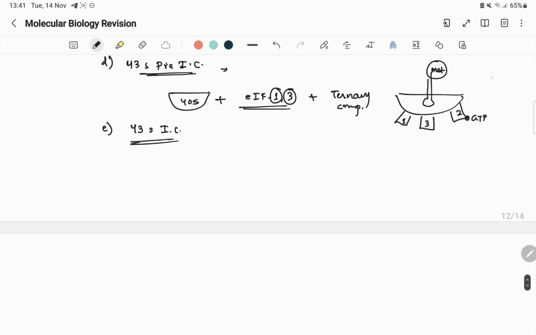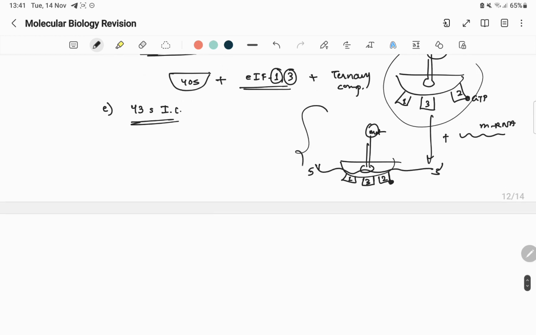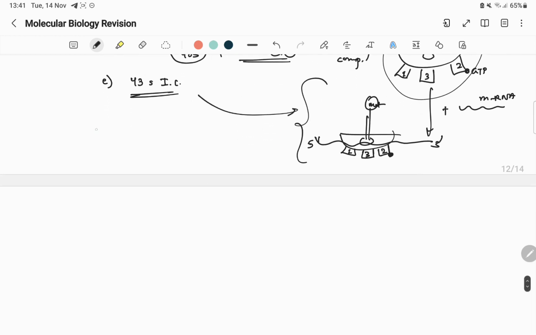Just take this and add your mRNA. You will see the formation of a 43S initiation complex: 1, 2, 3, GTP attached to it, methionine to it, and this mRNA 5' to 3'. Okay, understood? This is the 43S initiation complex.